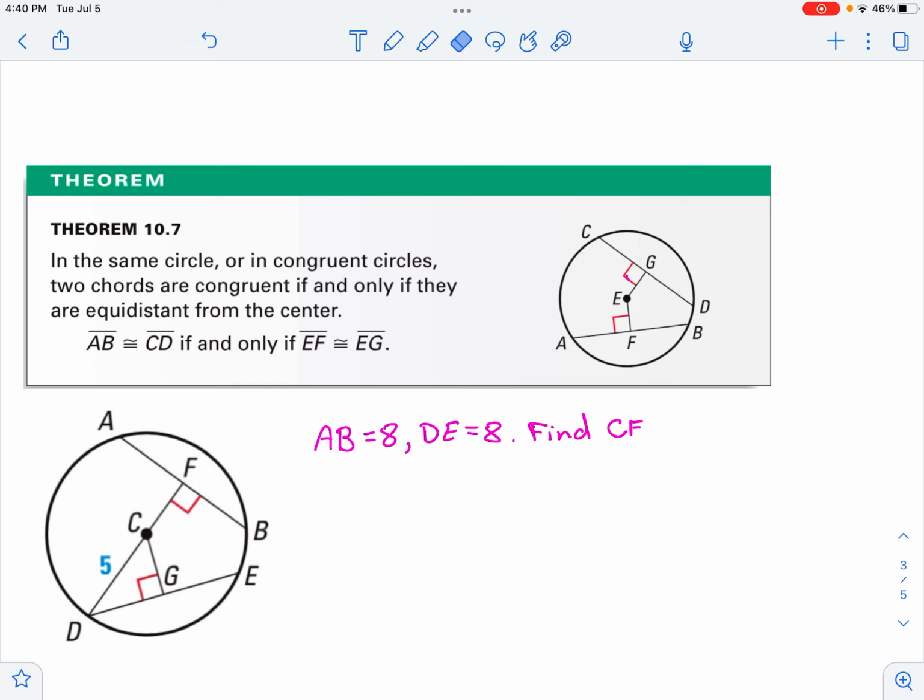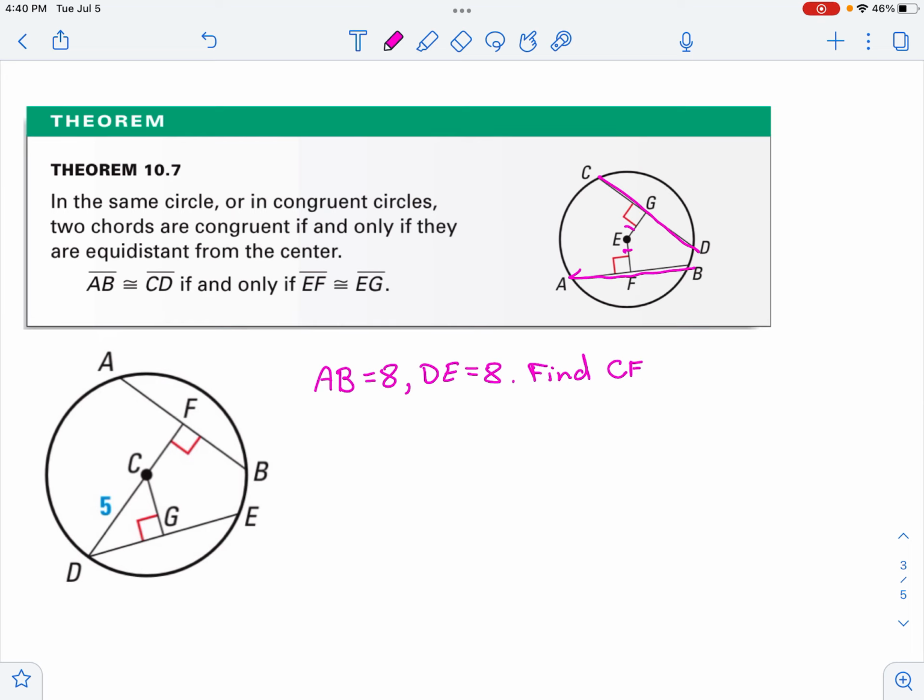So look, these two chords, this chord and this chord are congruent if they're equidistant. Now it goes both ways. If those chords are equal distance from the center, then it means they're congruent. So let's take a gander at how we might use that.